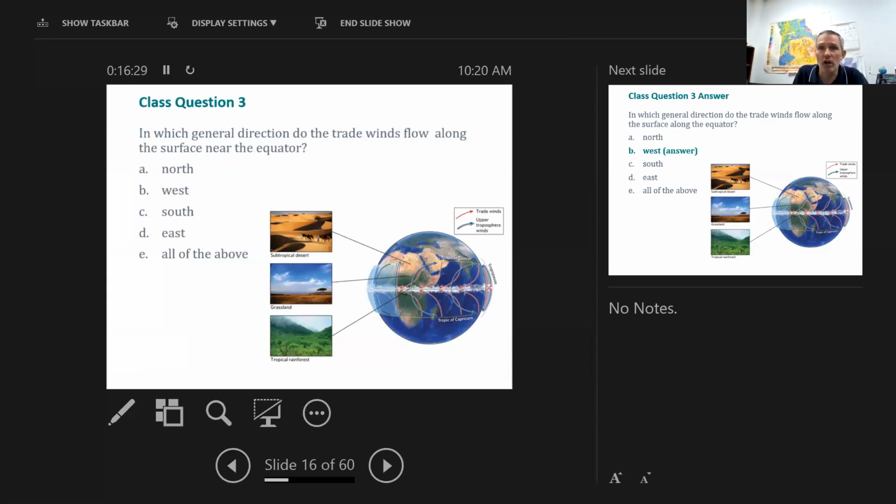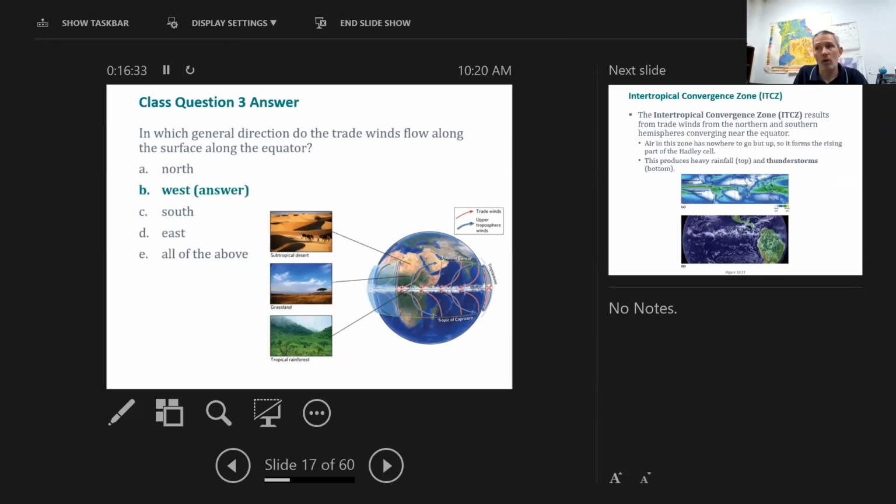So which direction are the winds flowing along the equator? To the west, from the east, northeast to the west. And just to note, when you're looking at these questions, if the winds are blowing along, that's where they're going to. If it's where they're blowing from, it would be the east, in this case, northeast.